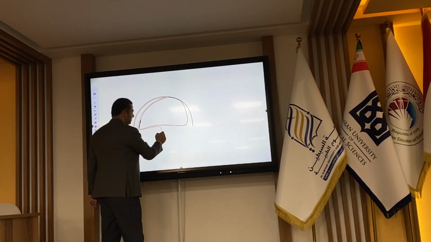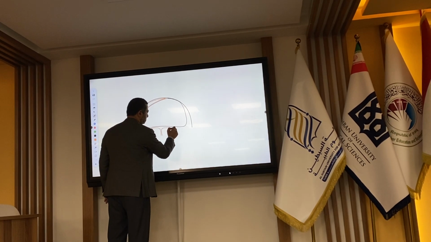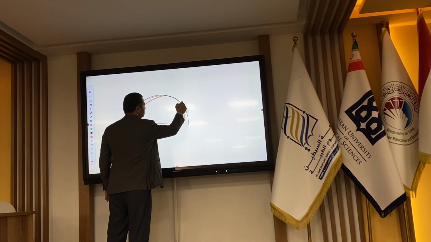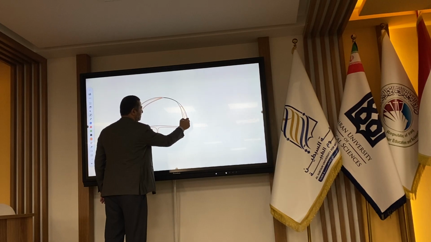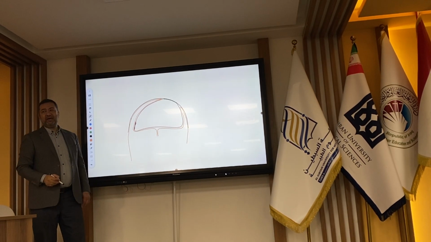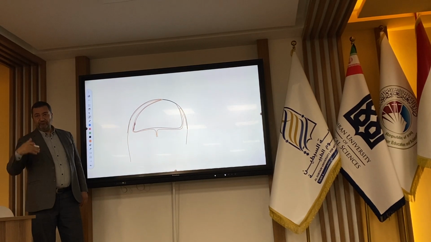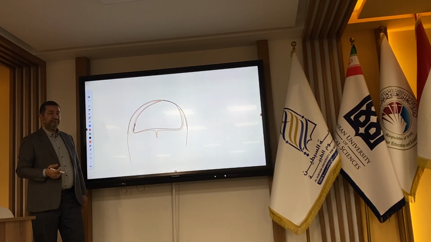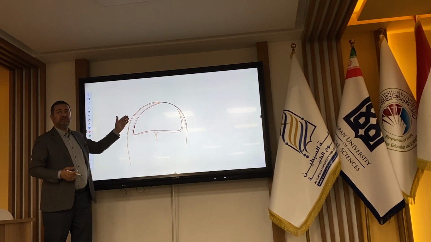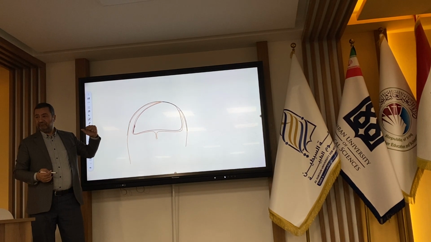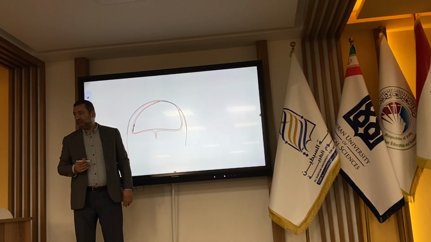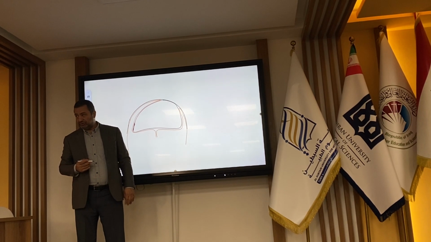And this one is posterior layer that covers inferior surface and then reflects to the inferior surface of the diaphragm and posterior wall of the abdomen. This area is called subphrenic recess. And this area is called hepatorenal recess of Morison.